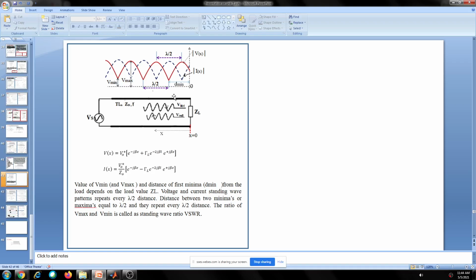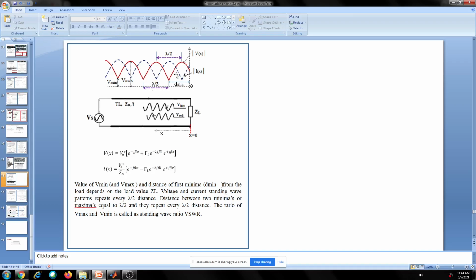From the load, if you move like this, you will observe a maximum, and moving further to this position you will measure the minimum voltage. It varies sinusoidally, and again the minimum comes here. Every lambda by 2 distance, from here to here, the pattern repeats.